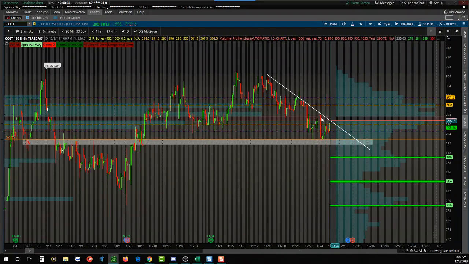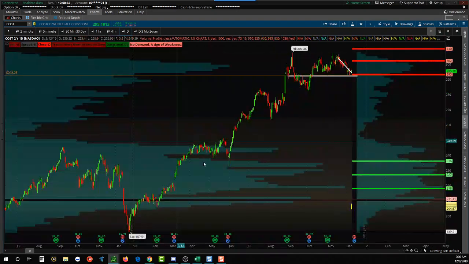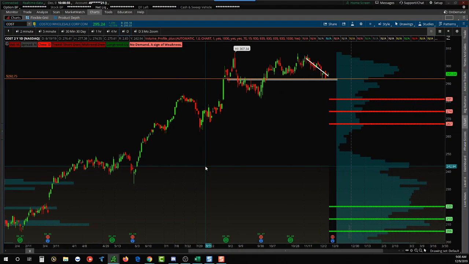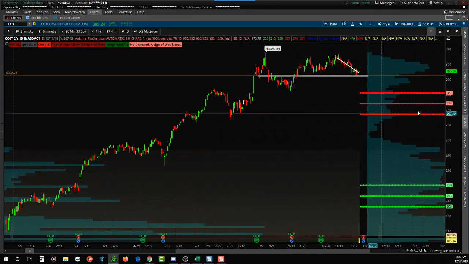So one thing that I would do to get some perspective on this is use your regression line. You want to know how far away from the mean it is. Notice the overhead volume.